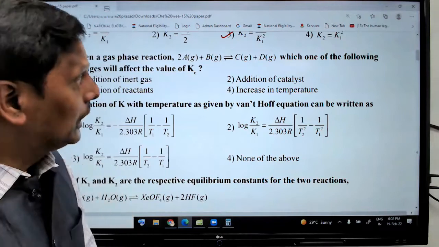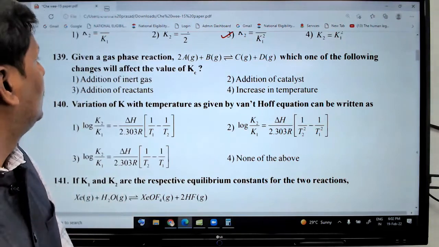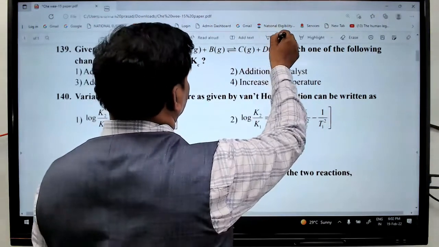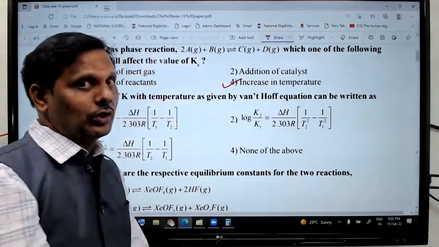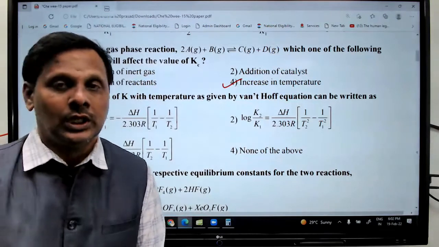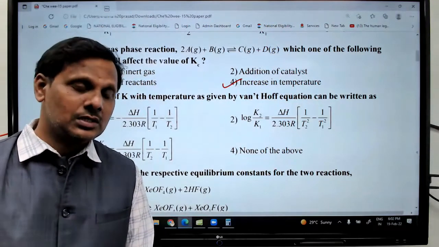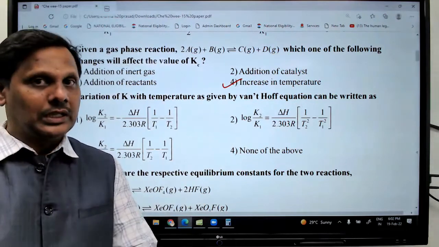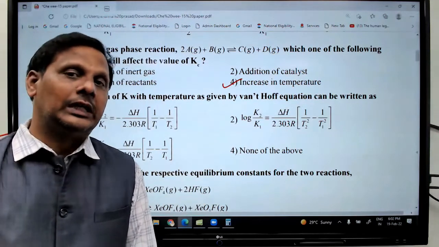So the equilibrium constant will be affected only by a change in temperature. For your information, for an endothermic reaction, the equilibrium constant increases with increase in temperature. For an exothermic reaction, the equilibrium constant decreases with increase in temperature.